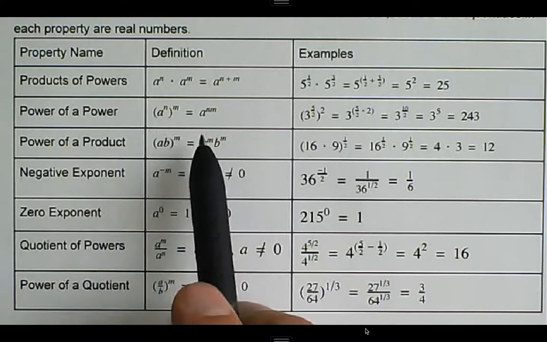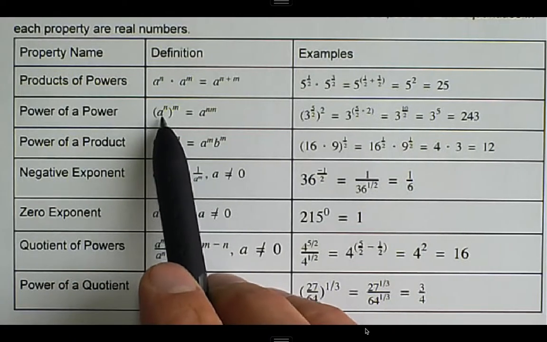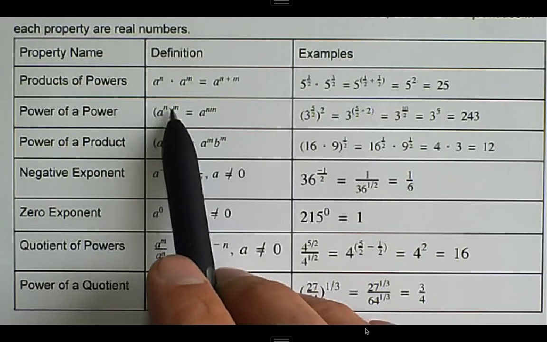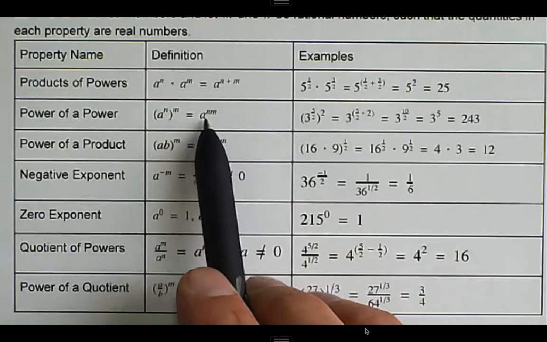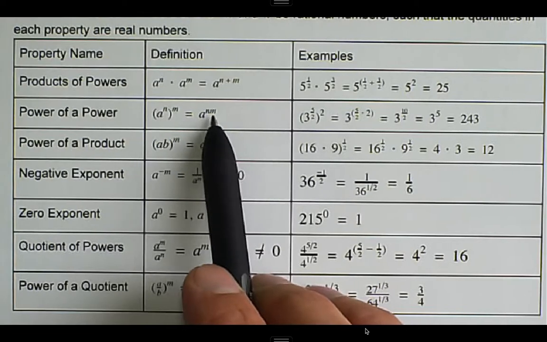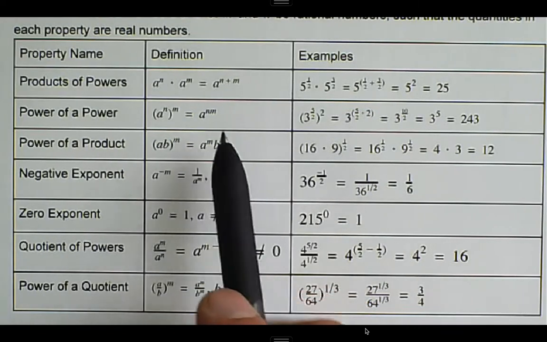Power of a power. So if we have a base and an exponent, and then that's raised to another exponent, in that case, all we do is join those two exponents together by multiplication, and leave the base the same.